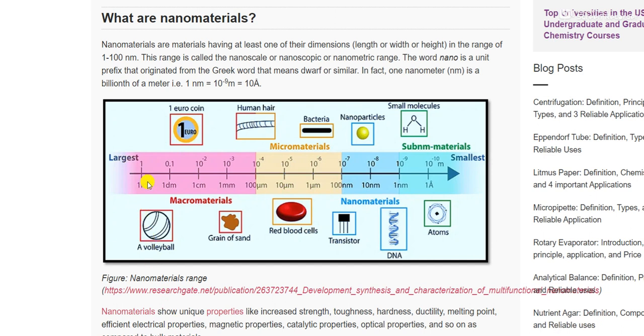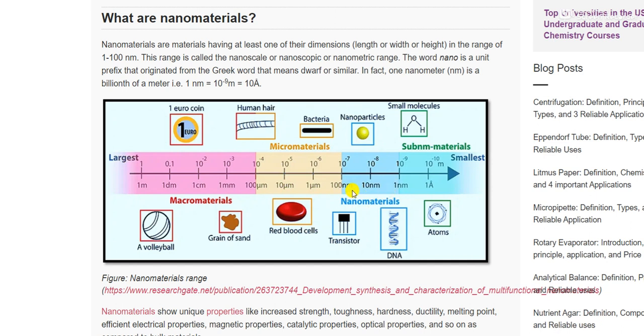So in this picture there is a scale shown here. So from 1 nanometer to 100 nanometer, any material whose dimension comes between this range, these are called nanomaterials.